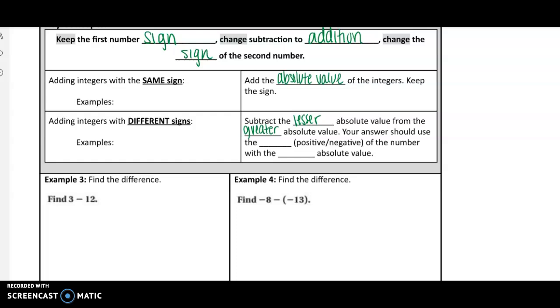Your answer should use the sign, whether positive or negative, of the number with the greater absolute value. Like we learned in 1.2, when we add with different signs, we subtract the two numbers and then we take the sign of the bigger number. It's just a fancier way of saying it.